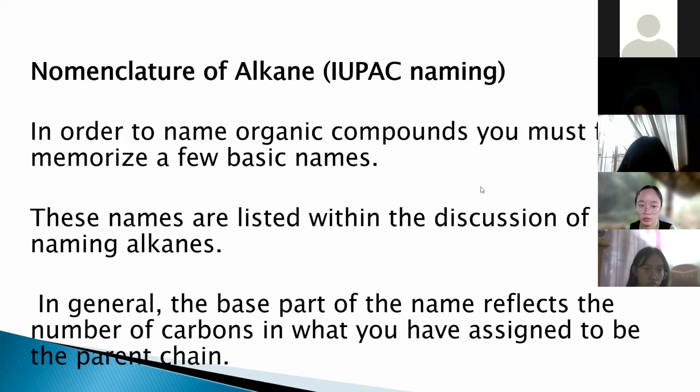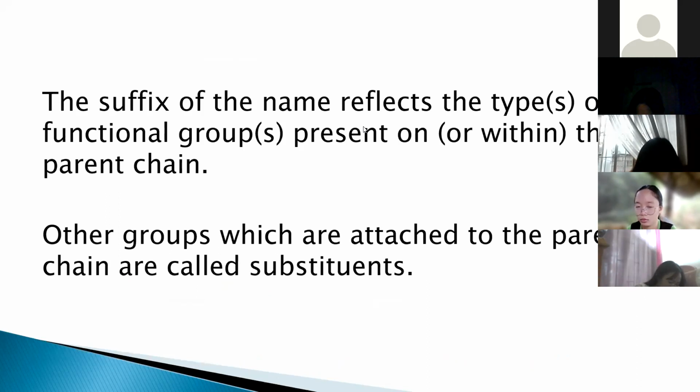So let us continue. We will be starting the naming. This time, the IUPAC naming for the alkane. So I'll be discussing here the set of rules. Ililista natin yung rules na ipa-follow natin pag magne-name na tayo ng alkane. So gagamit tayo ng suffix para sa functional group. This time, since functional group natin alkane lang muna, single bond lang muna lahat.